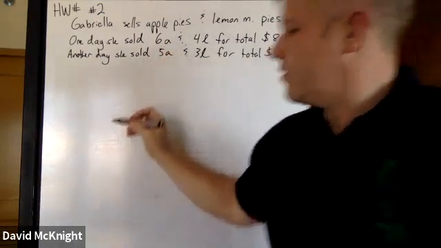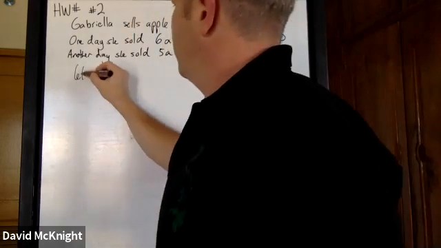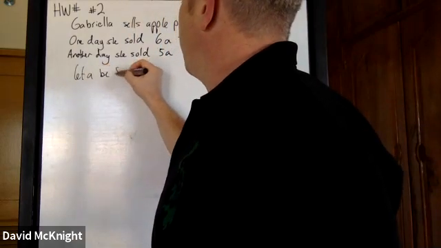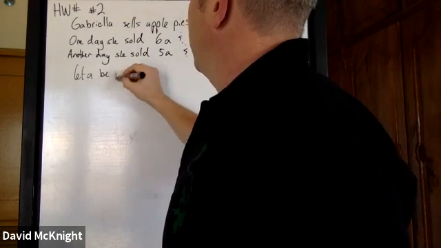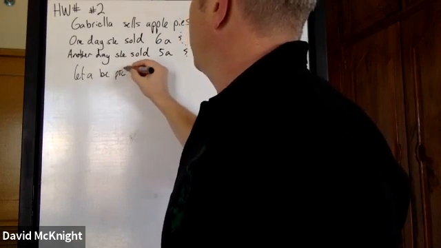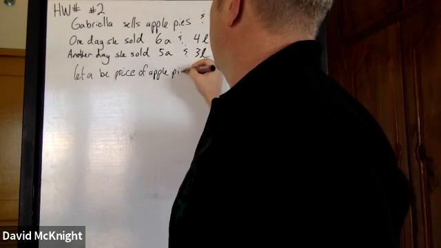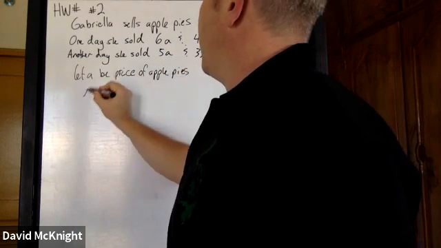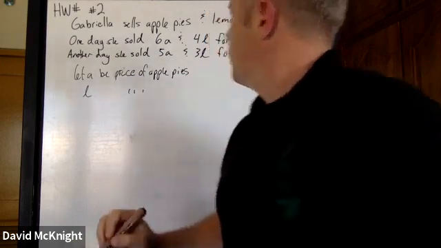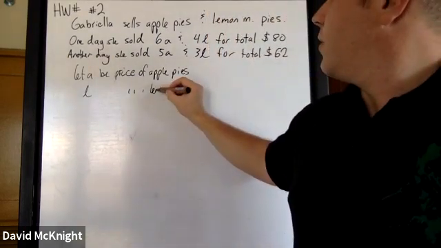So we're going to let A be the price of apple pies. And we'll let L be the price of the lemon pies.